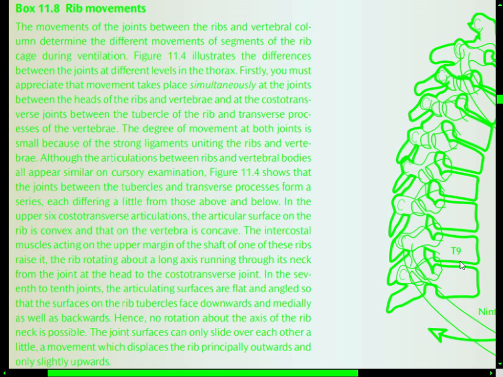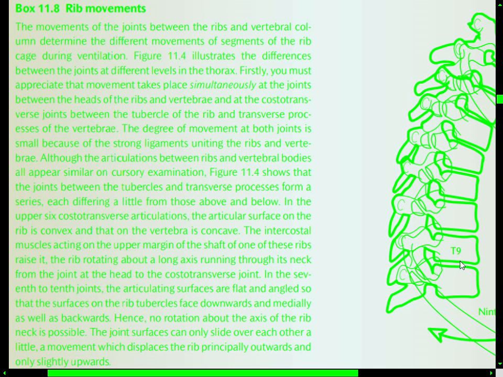It's a muscle, I think a skeletal muscle, acting on the rib, on the upper margin of the shaft. This means that for the first 6 costotransverse articulations, there is a muscle above them. This skeletal muscle acts on the upper margin of the shaft of one of these ribs and raises it.